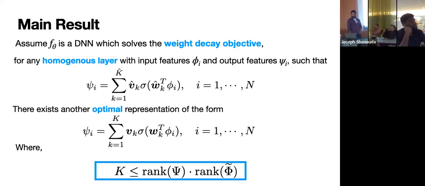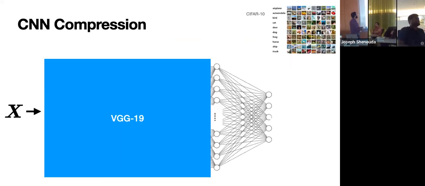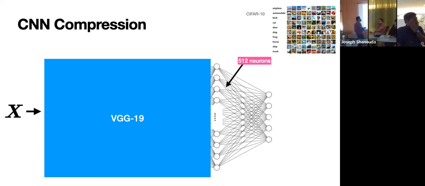All right. So I'll conclude with just a small experiment we did to actually test this compression. What we did is we took VGG19 that was pre-trained. This has a lot of things going on, convolutions, and so on. And then at the end, we have just some homogeneous ReLU neural network, and that has 512 neurons.